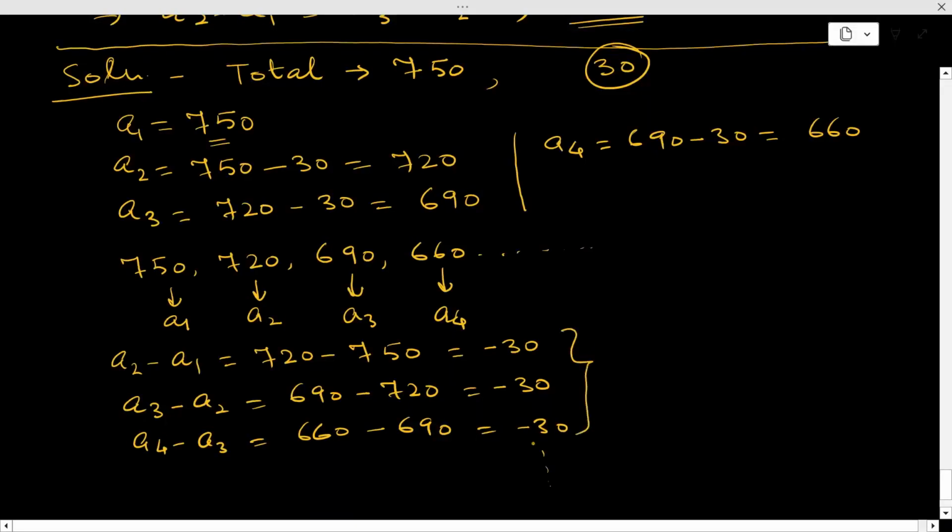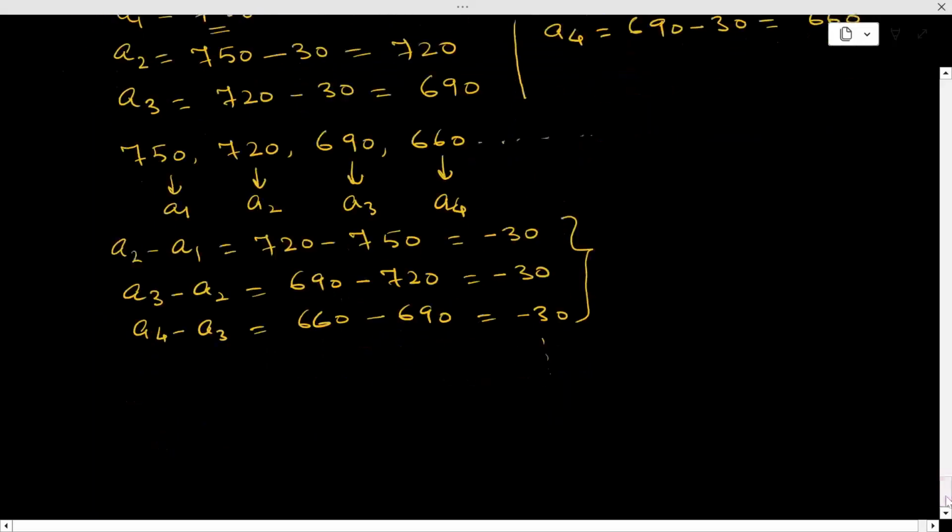So again we can see that the difference between two terms is fixed. So the difference between two terms is fixed, so this implies that we are having an AP.